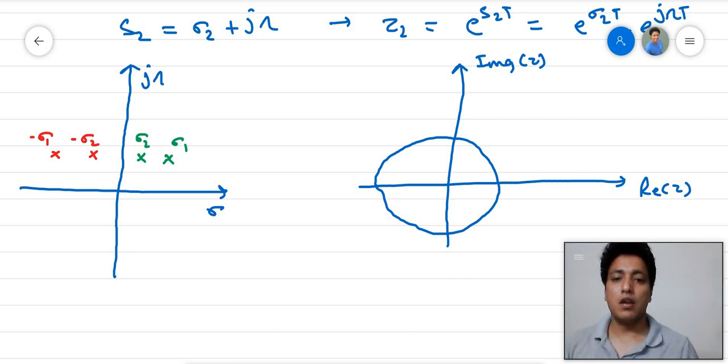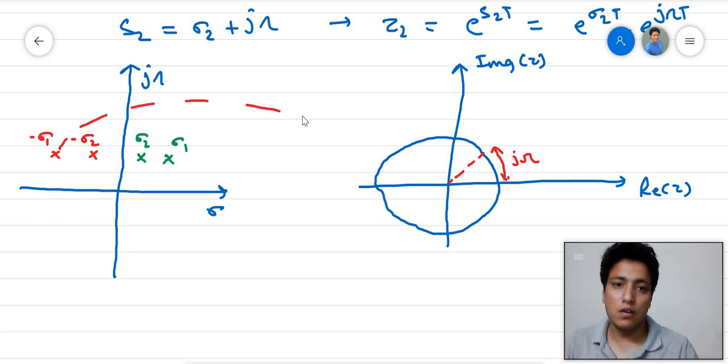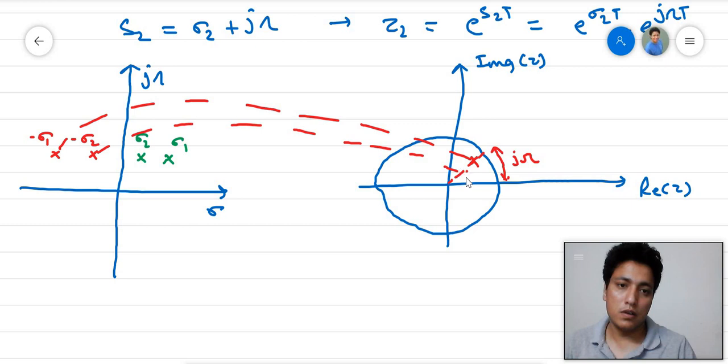So those poles will be located at a frequency of j omega. Let's say it is this one, this is j omega, and then these poles will be located at sigma 1 and sigma 2.